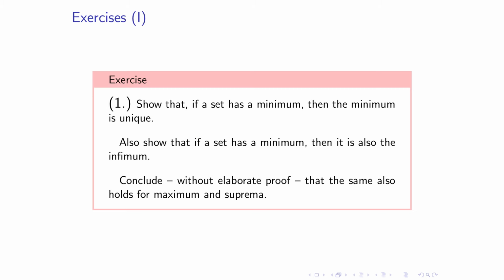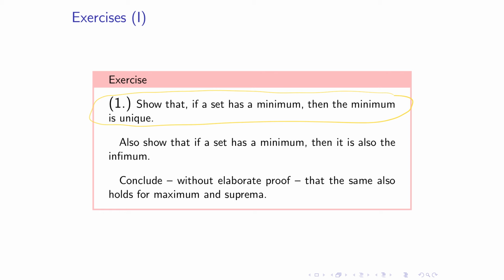Okay, let's get into some exercises. For a first exercise, notice that in the definition of minimum and maximum, we say that a set has, or that some number is, the minimum, using the definite article, the word "the", indicating that there is just one. And intuitively, that is true.